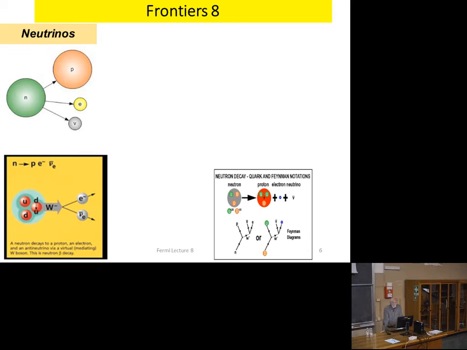It has a lifetime of 888 seconds, which is long compared to all the elementary particles that we talked about, but this definitely is something that's measured. And people work very hard at describing exactly the decay itself, it's a difficult subject to try to understand.